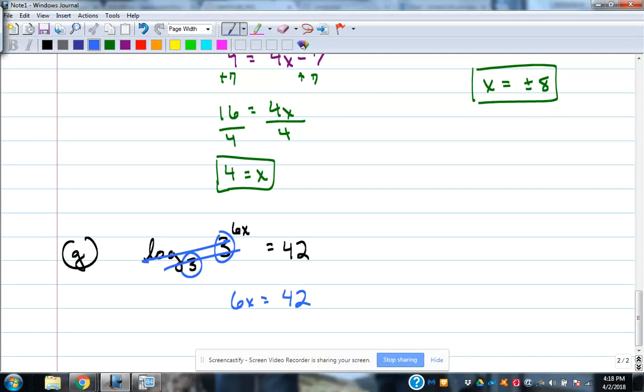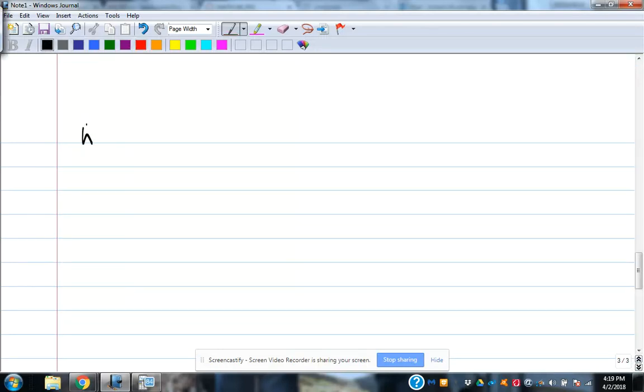That problem is easy to solve. Divide by 6. X equals 7. The only thing we need to check is, if I plug a 7 into the problem, am I taking the log of a positive number? So 3 to the 42nd power, is that a positive number? Yeah, it is. So that makes that valid. You got to check those answers to make sure that they work. If they don't, then you throw them out.